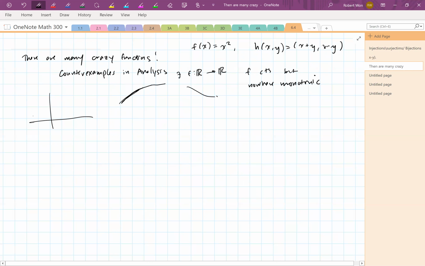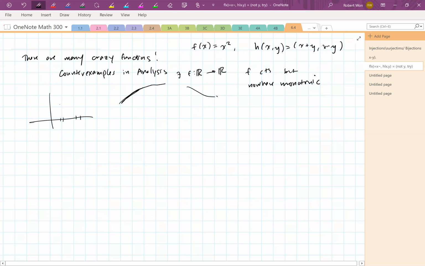So you draw some crazy function, but on this interval here, between here and here, the function is monotonically increasing. It seems like if you draw a function that's continuous, where you don't lift your pencil off the paper, you should always be able to find some small area where it's either weakly increasing or weakly decreasing. So a flat function also counts.